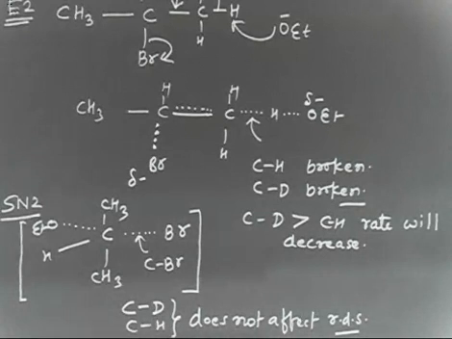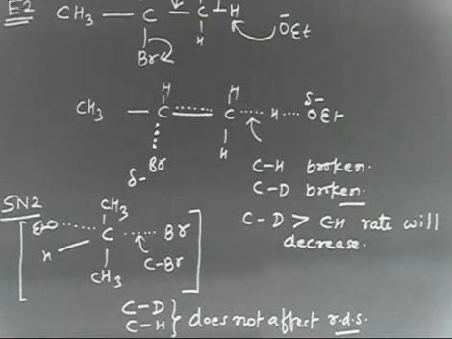This is a quite interesting problem. It says something about competition between SN2 and E2 reactions. The same nucleophile, the same OEt minus, can act as a base for E2 elimination, or it can act as a nucleophile. If you have a secondary alkyl halide, both elimination and substitution happen.